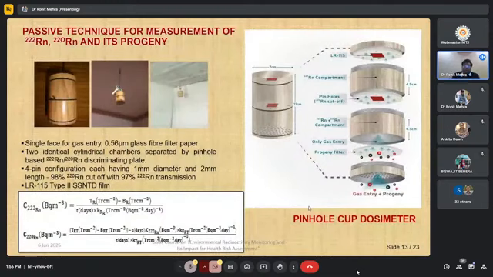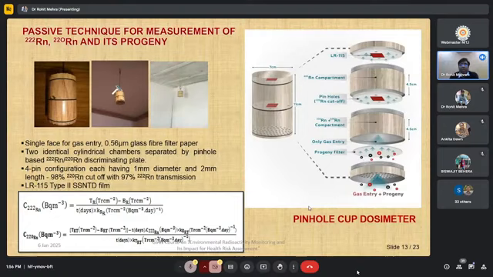Now, this is a very important technique which is used for the measurement of radon and thoron and its progeny. Progeny, you could say, is a daughter product. So it is because radon is a 55% contributor in the environment.